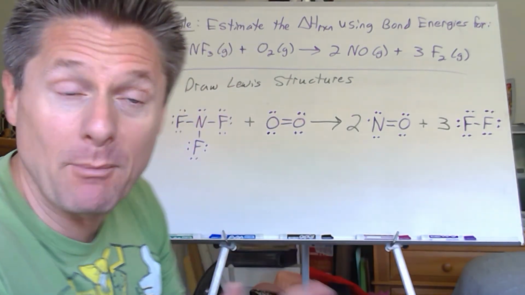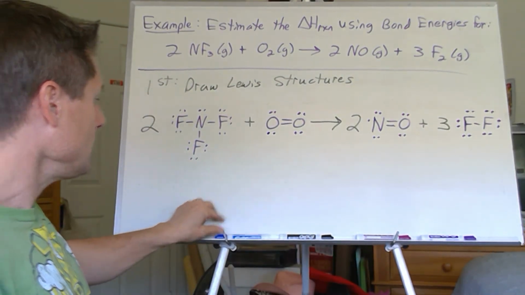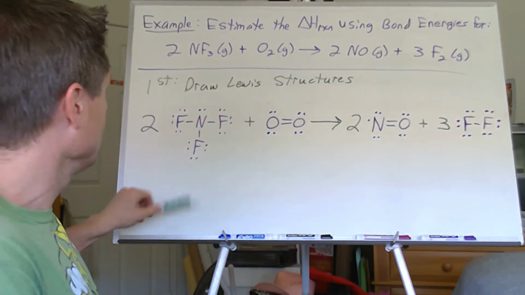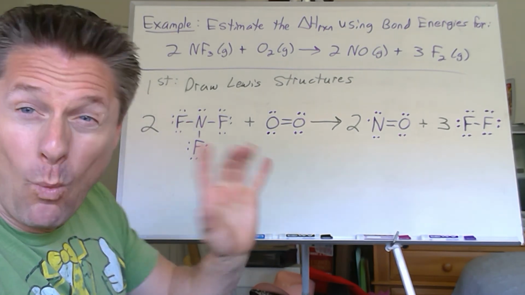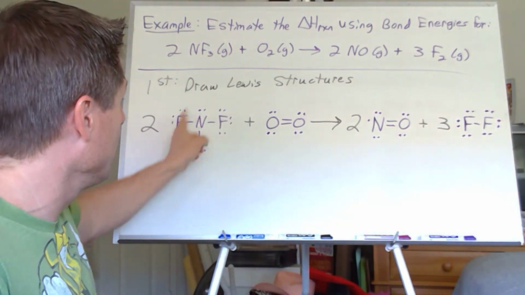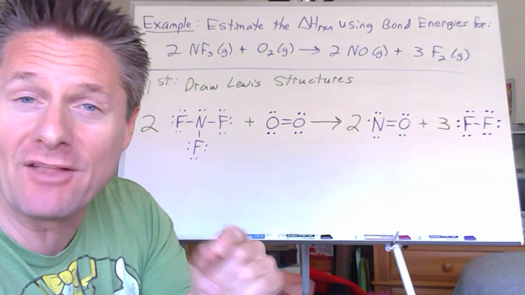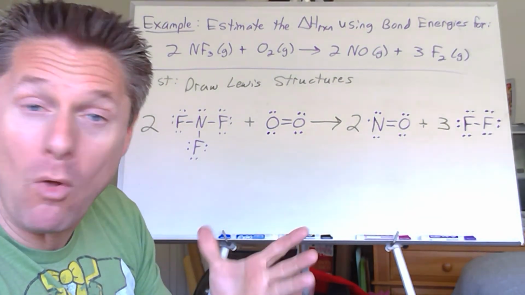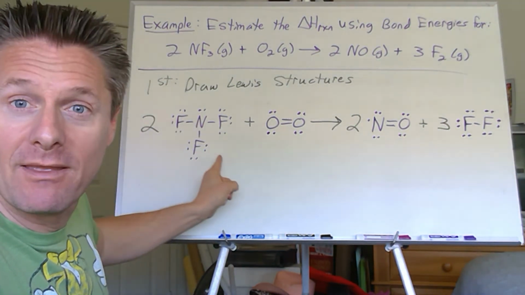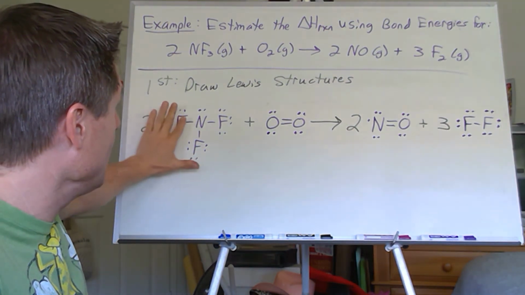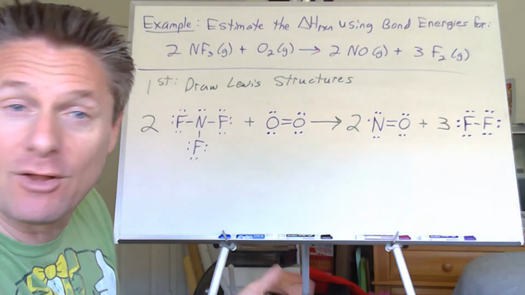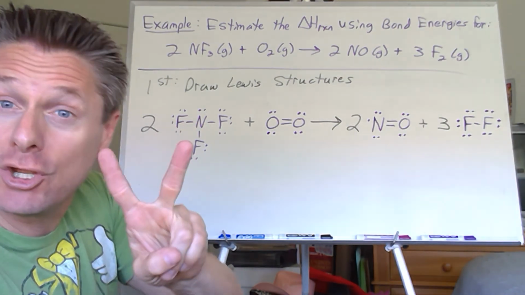So let's count up the number of bonds. Do you see that one molecule of NF3 has 3 NF single bonds? Well, what if we had 1 mole? 1 mole of NF3 would have 3 moles of NF single bonds. But how many moles do I have? 2.